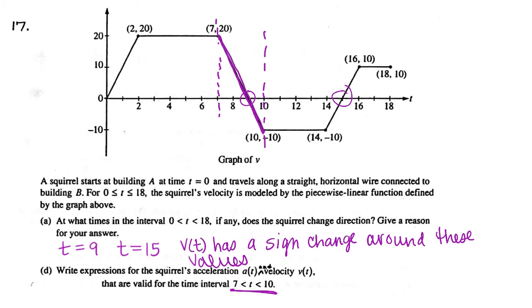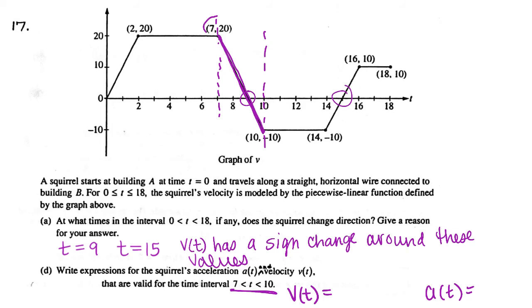The acceleration expression is going to be the slope, and then the actual equation of the line there is going to be your velocity. So here we can say, starting out, v at t equals, and then a at t. And I would go ahead and start with a at t because that's just your slope.